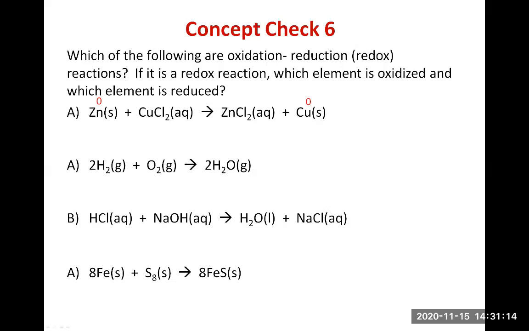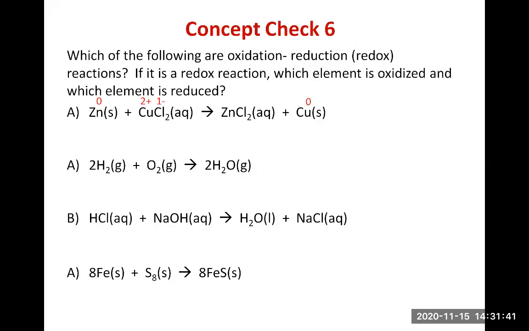So in copper chloride, we have two chloride with one negative charge each, because the chloride ion has one negative charge, being in group 7A. So we have two negative charges in total, and we need to cancel them with two positive charges. And so the copper will have to carry two positive charges, and the chloride has one negative charge each.